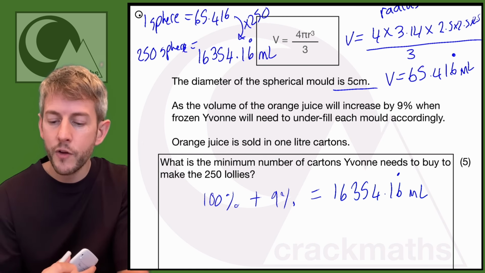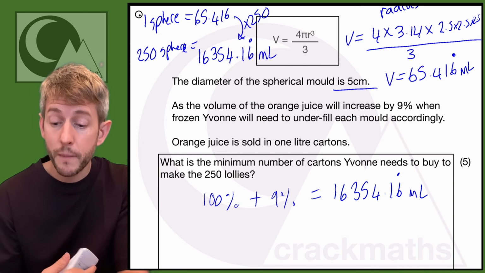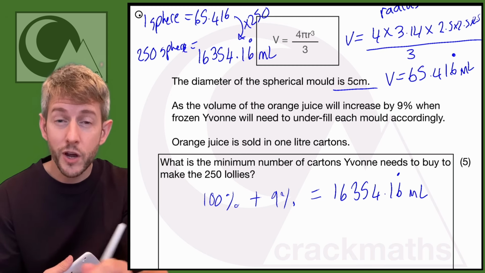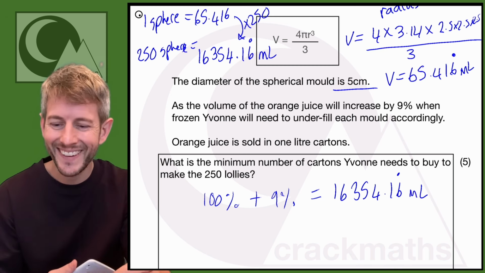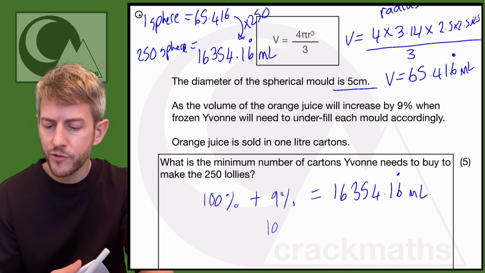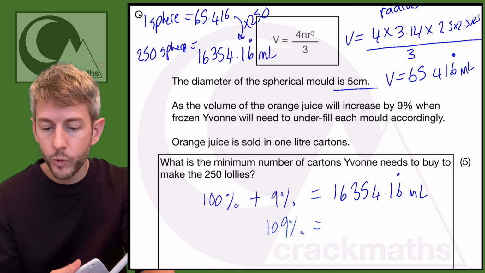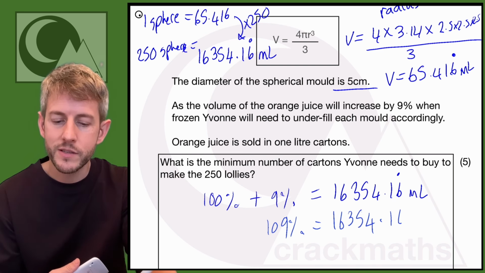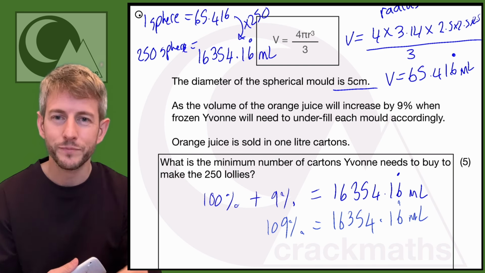We know that the amount of orange juice plus the 9% increase has to equal the total volume of all the spheres. So that's going to tell me that 109% equals 16354.16 recurring mil. Okay, great.